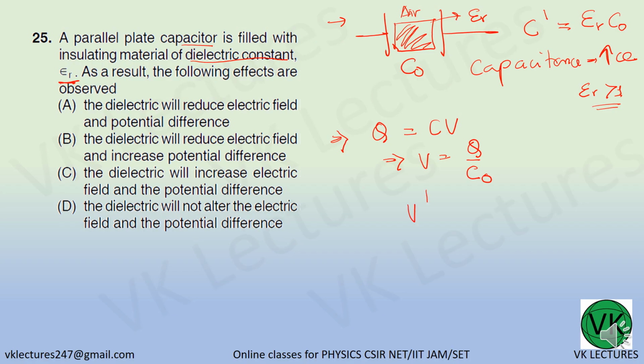Now V dash will be equal to Q divided by C dash. What is C dash? C dash is equal to epsilon R times C naught.